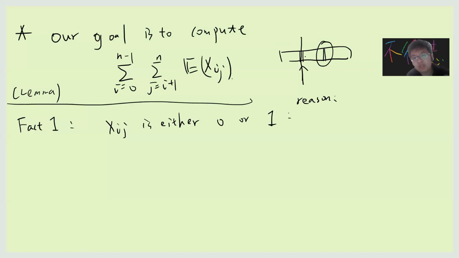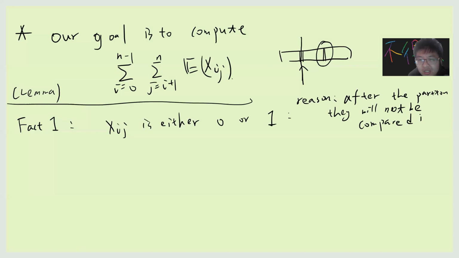So once I put it right or left, these two numbers will not be compared in the future. So the reason is that after partition, they will not be compared in the future.